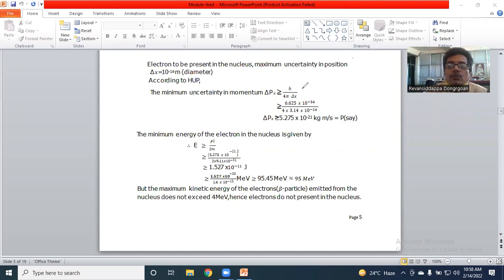For example, take one circle like this. Within this circle, if the electron is here, it may be within the radius.